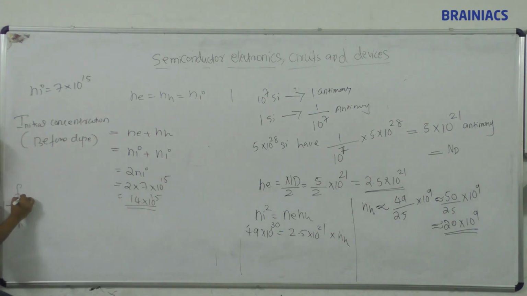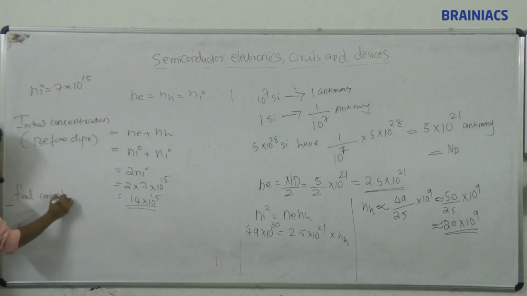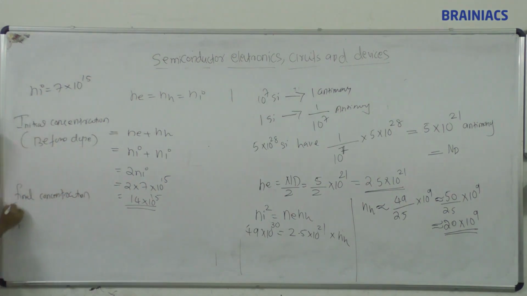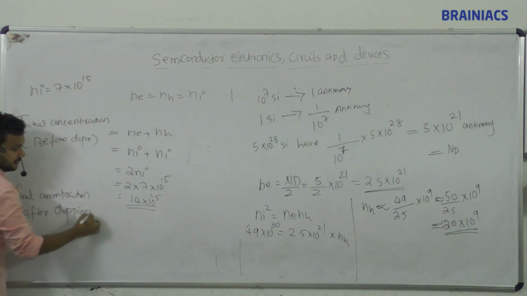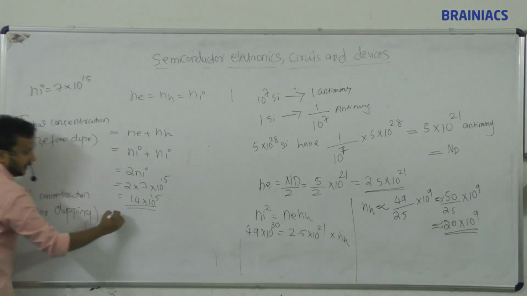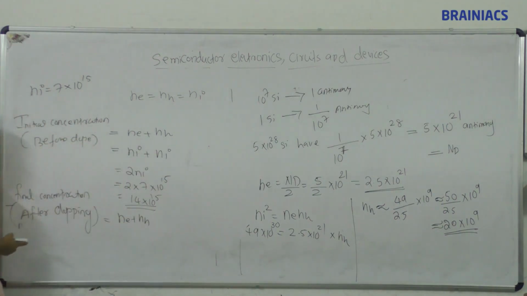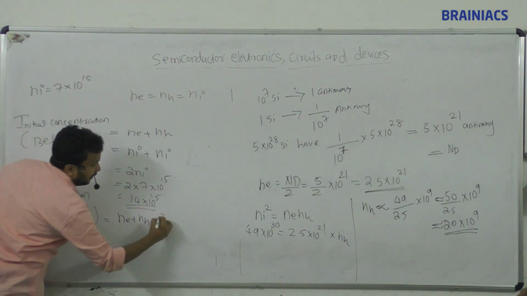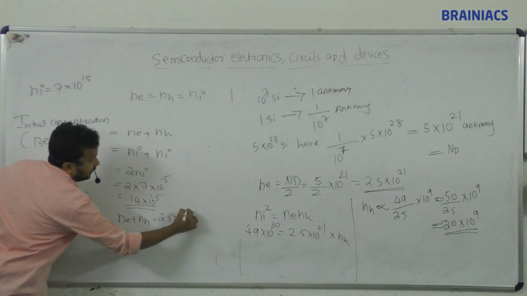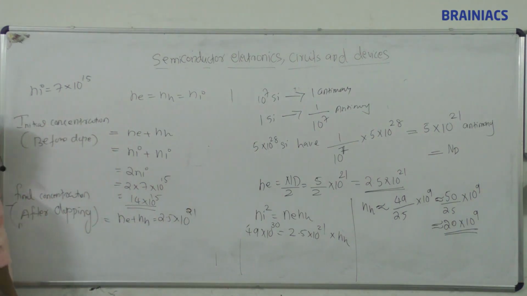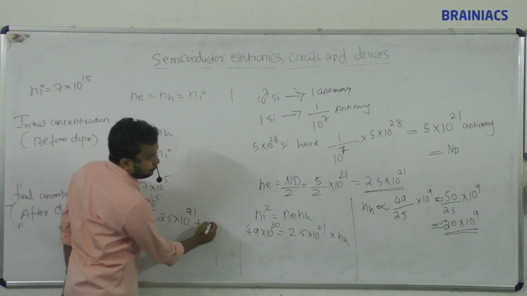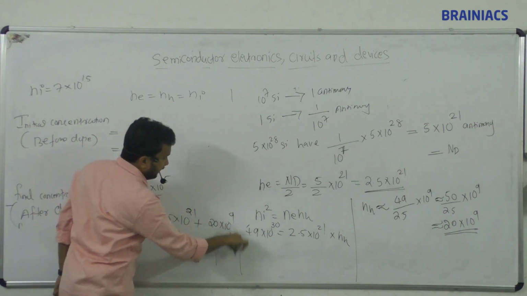Next, final concentration. Final concentration is what it is after doping. After doping, how much is it coming? Again, number of electrons plus number of holes. Now both are not the same; it has changed after doping. Number of electrons after doping is 2.5 into 10 power 21, plus number of holes is 20 into 10 power 9.